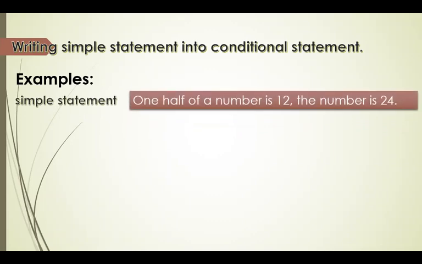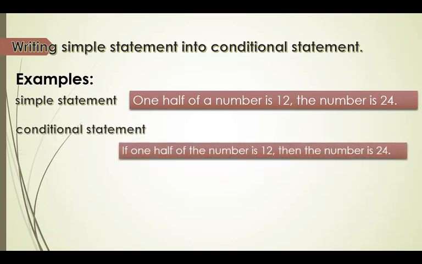The simple statement. 1/2 of a number is 12. The number is 24. 1/2 daw ng number, ay 12. Ano ngayon? Then the number is 24. O diba, dun pala sa pagtatanong mo sa simple statement, nakakakuha na tayo ng conditional statement that if 1/2 of the number is 12, ano ngayon, diba? Then, the number is 24.